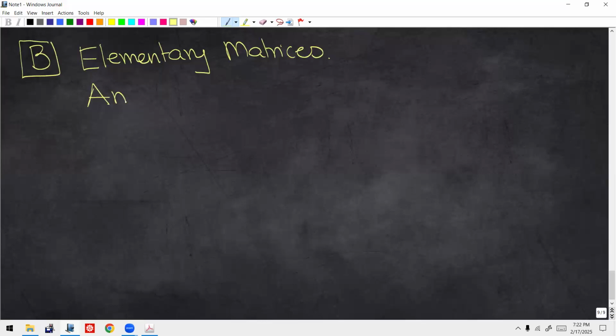So an elementary matrix, we'll denote it by EM, so I don't have to keep writing elementary matrix all the time.